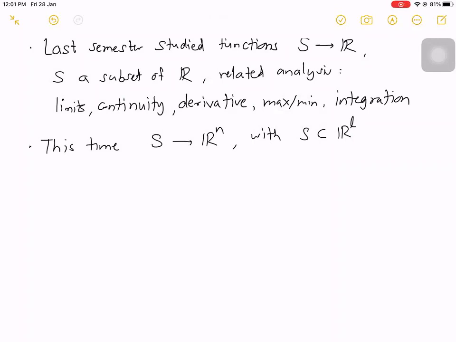And at times we will also work with complex valued functions, so C^n.